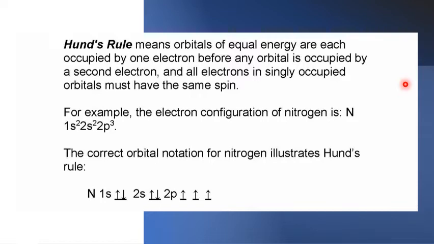The correct orbital notation for nitrogen illustrates Hund's rule. Nitrogen: 1s, spin up, spin down; 2s, spin up, spin down; 2p, spin up, spin up, spin up, which means that each of the three p electrons goes into the px, py, and pz orbital before they start to pair up.